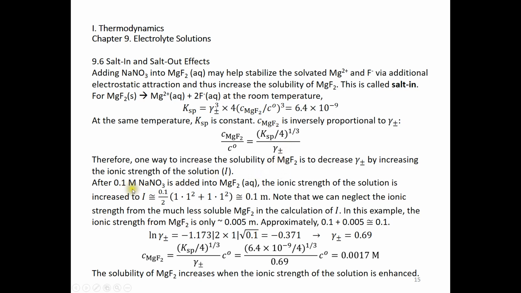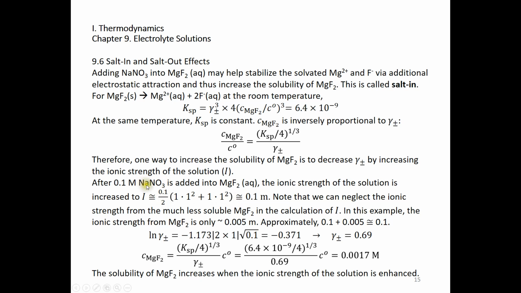Here's an example. If we add 0.1 molar sodium nitrate into this aqueous solution of magnesium fluoride, the ionic strength is increased. Why? Because now we have 2 different salts, and the ionic strength from sodium nitrate is the molarity over 2 for each ion, together 0.1 molar.